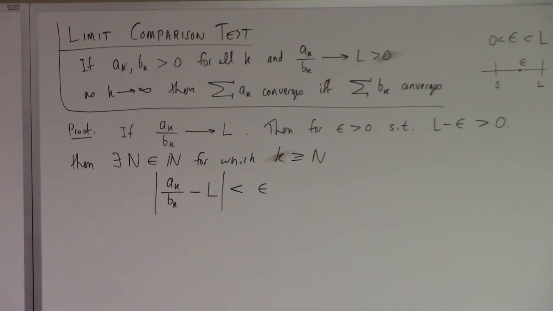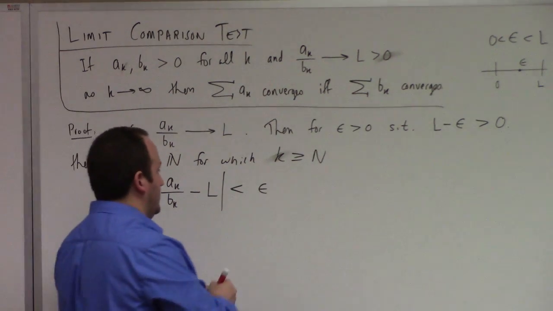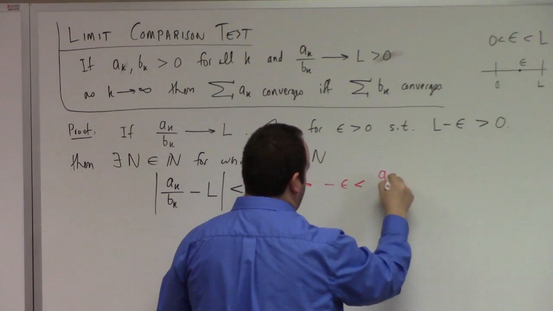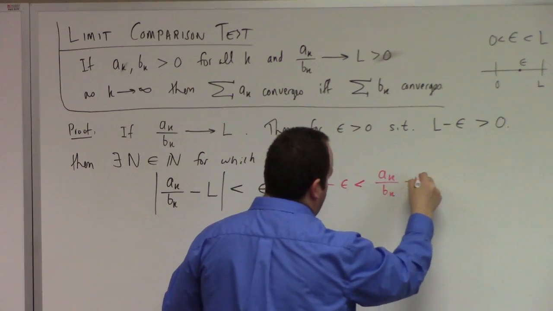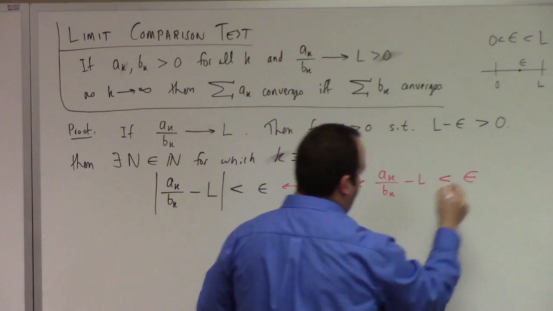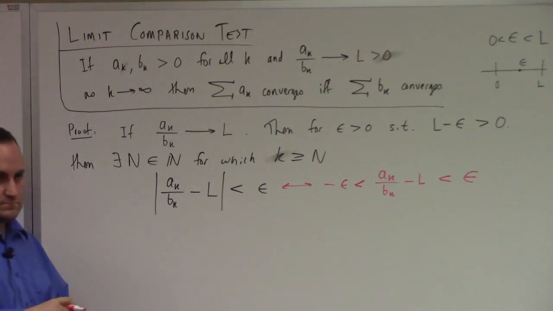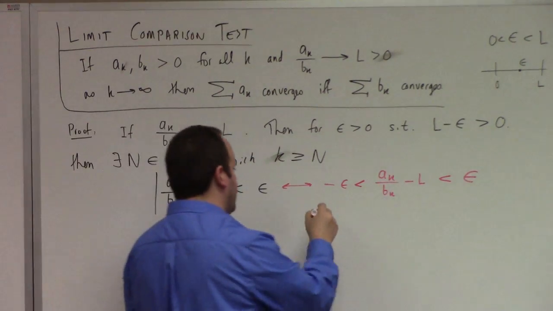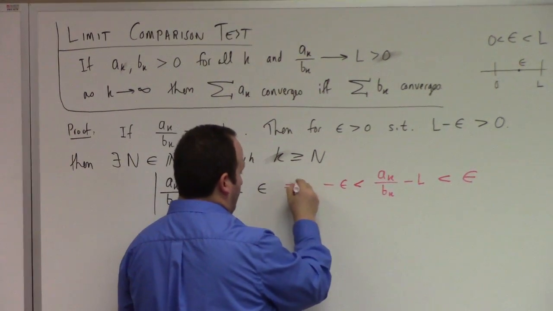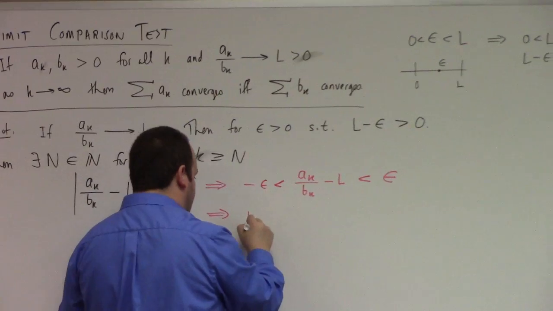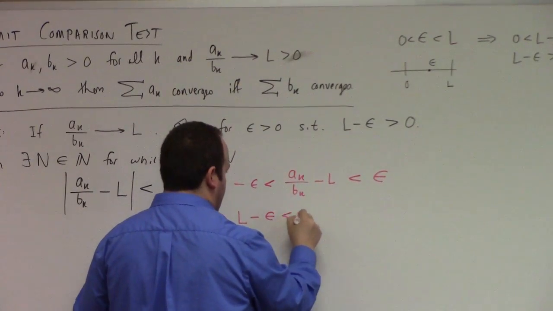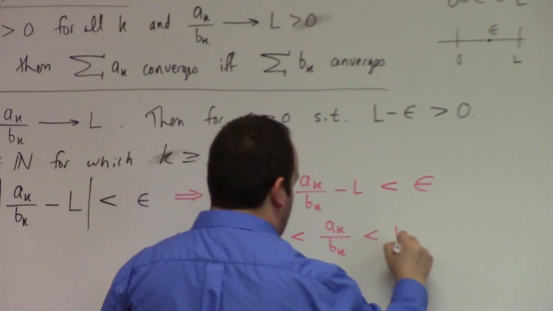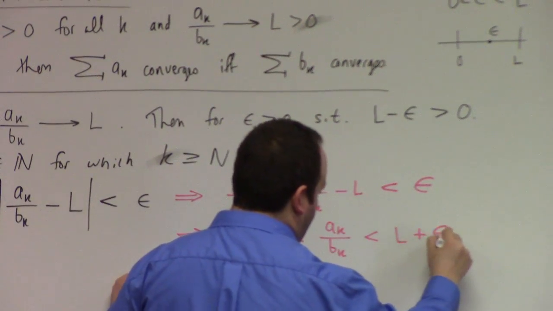If you unwrap this inequality, you can trade it for minus epsilon less than a_k over b_k minus L less than epsilon. Then you can add L to both sides, and we get L minus epsilon less than a_k over b_k less than L plus epsilon.